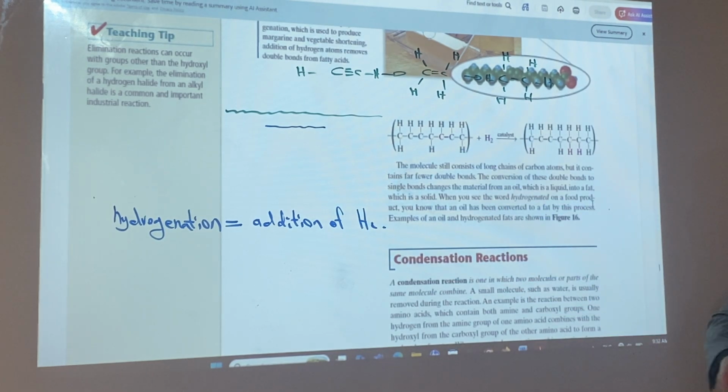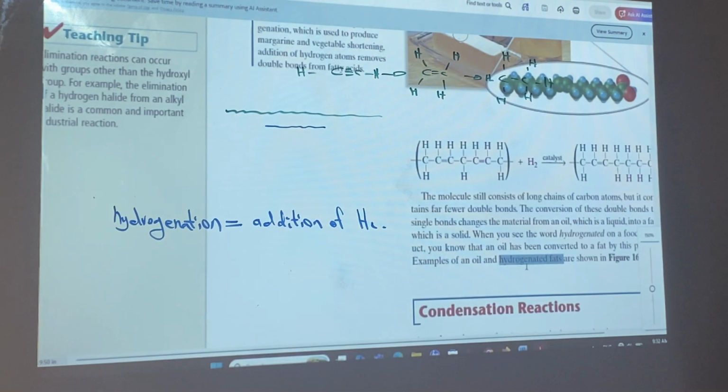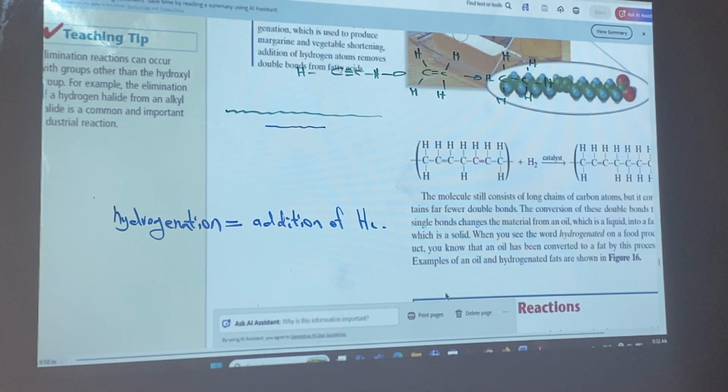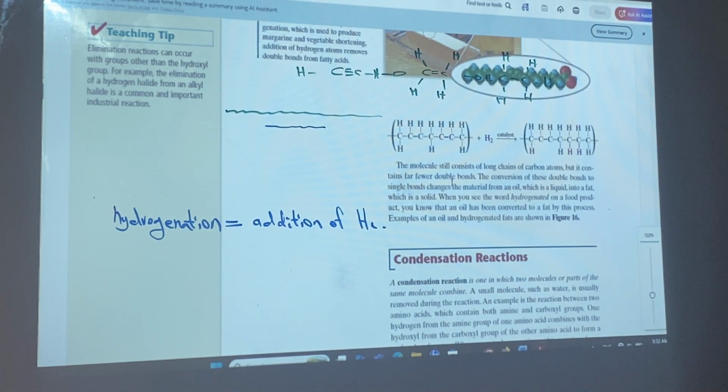The molecules of the product consist of long chains of carbon atoms, but contain far fewer double bonds.